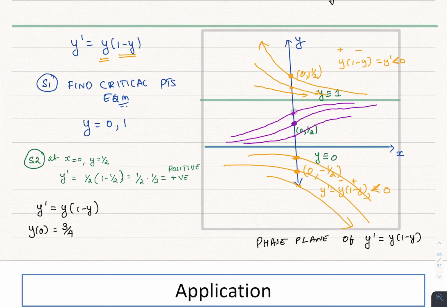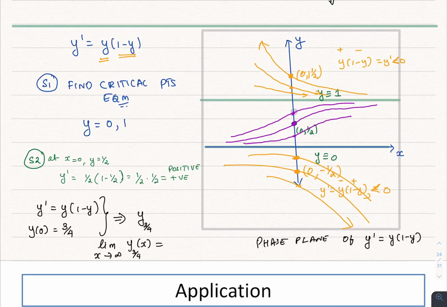What happens for this initial value problem? Let's say I have a solution. I'm going to call the solution y 3/4. Now, what happens to this y 3/4 of x when x goes to infinity?